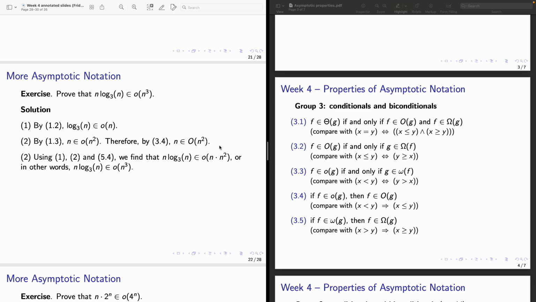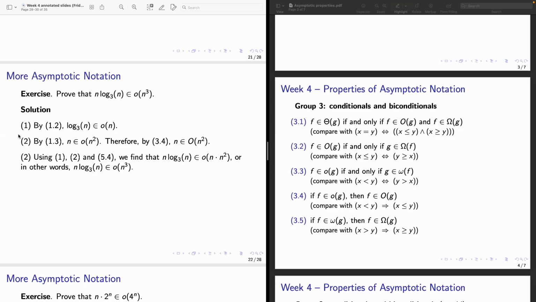It works similarly for asymptotic notation. N grows way more slowly than n squared. Therefore, n grows way more slowly or at the same rate as n squared. It doesn't grow at the same rate, but it's still true that it grows way more slowly or at the same rate.